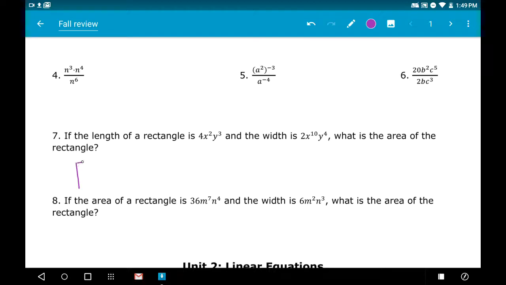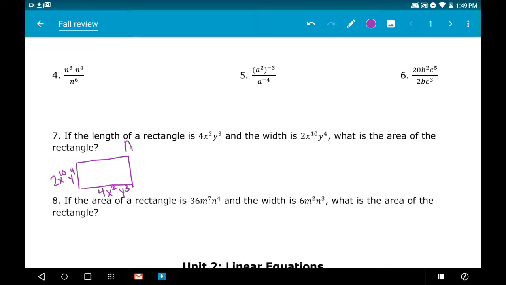So for this one, I'm going to sketch a picture. So with this rectangle, we know our length is 4x squared y to the third, and our width is 2x to the 10th y to the fourth.